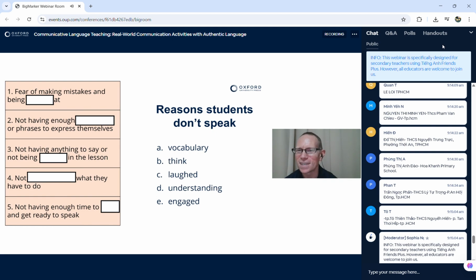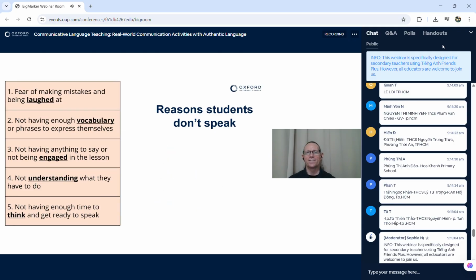Okay, more answers coming in. 1 is laughed at, 2 vocabulary, 3A, 4D, 5B, etc. So apologies to those of you who haven't entered your answers yet, but let's look at these together.